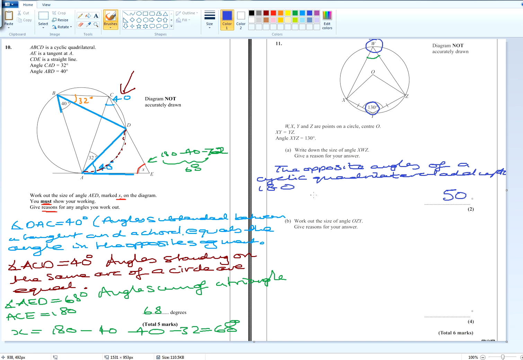So therefore the calculation will be 180 minus 130 is equal to 50. And that will give you the angle that we are trying to find in that particular instance. Okay, that's done. So this angle here is 50. Are we happy with that now?